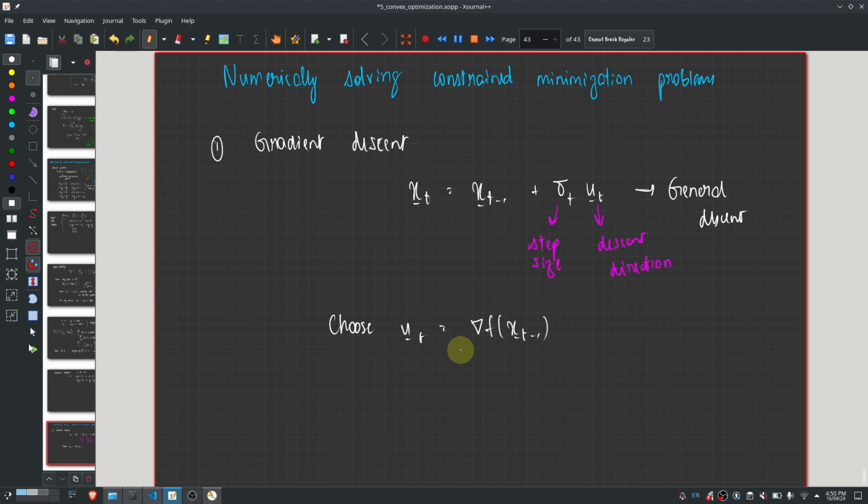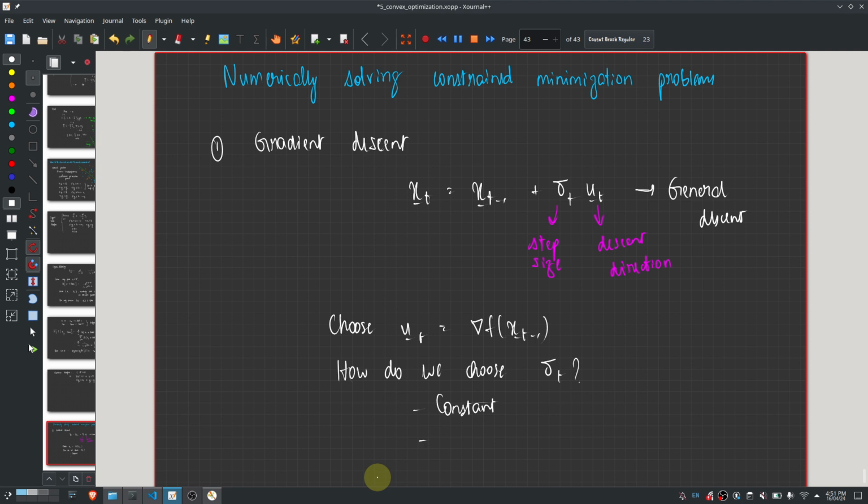But now the question is, how do you choose the step size? That's something I've pointed out multiple times. How do we choose delta t? One way is to choose delta t to be a constant. But the constant we choose assumes that you know something about the function beforehand.